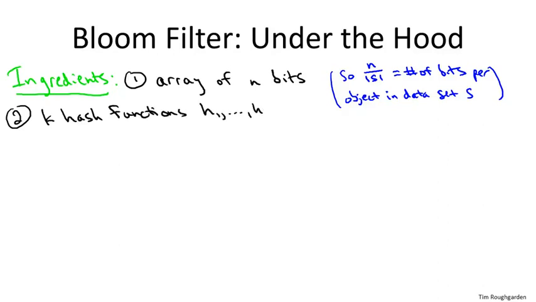So in a Bloom filter, it's important to have not one hash function, but several hash functions. So K is going to denote the number of hash functions in a Bloom filter. We should think of K as some small constant, somewhere around 3, 4, 5, something like that. So obviously it's a little bit more complicated to use multiple hash functions as opposed to just one hash function, but it's really not that big a deal. So recall from our discussion of, say, universal hashing, we identified entire families of hash functions which work well on average.